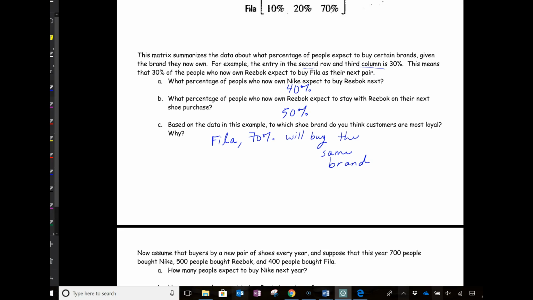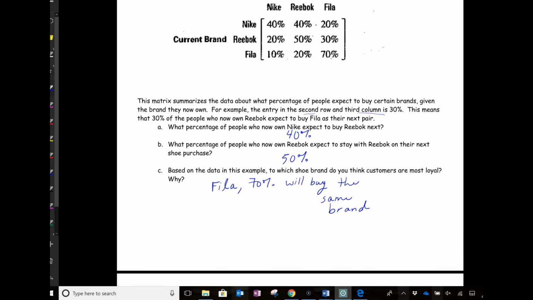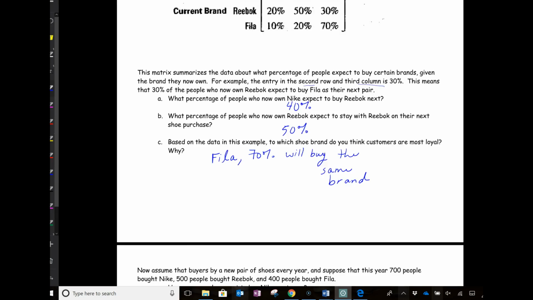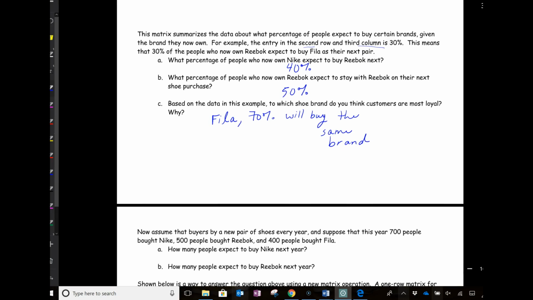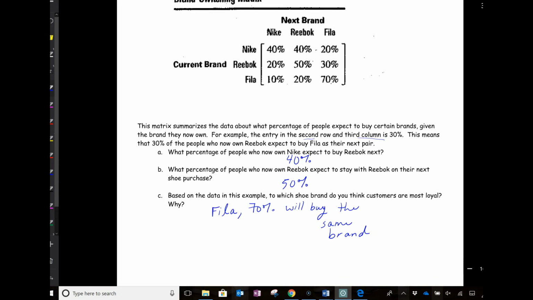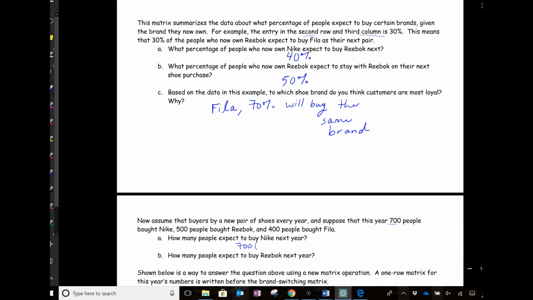What would I do to determine how many people expect to buy Nike next year? Well, if currently 700 people bought Nike, how can I figure out how many people will buy Nike next year? Yep, multiply that by 0.4. And now I want to see the total people that will buy Nike.